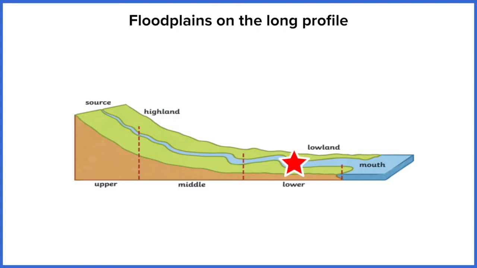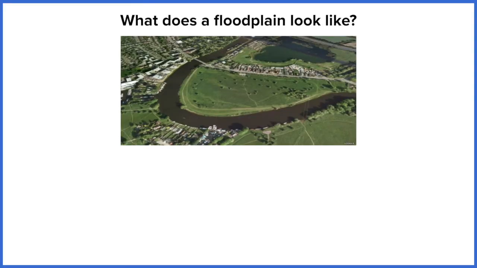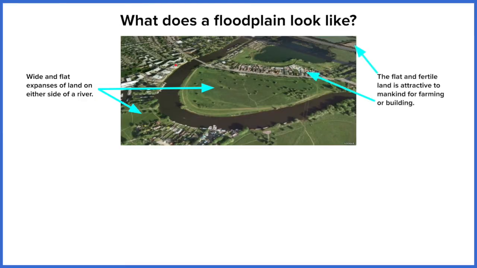So let's have a look at what is actually a floodplain. I've got a photo here, and the floodplain is effectively this bit of flat land right the way around the river, even the bits that have been covered by houses. On either side of the river we've got all of this flat land. So it's wide and flat, and that's the reason why people have built on it. We've got this linear settlement here, and all of these housing estates and industrial estates over here have all been built on because it's flat land.